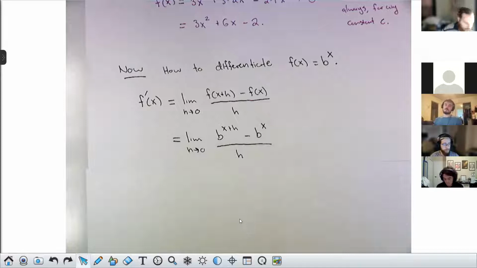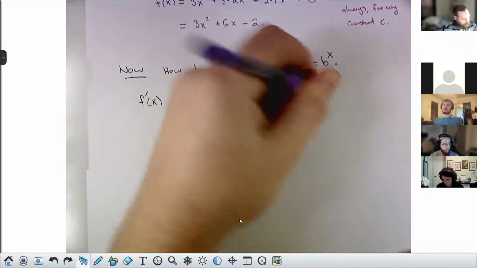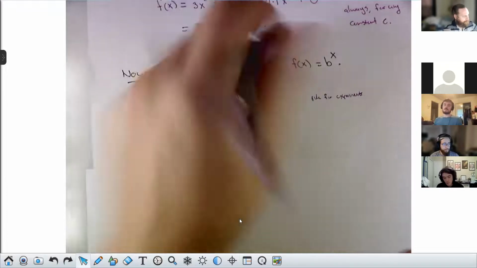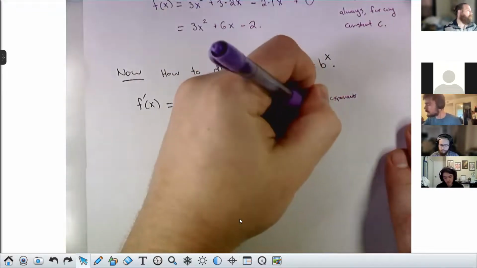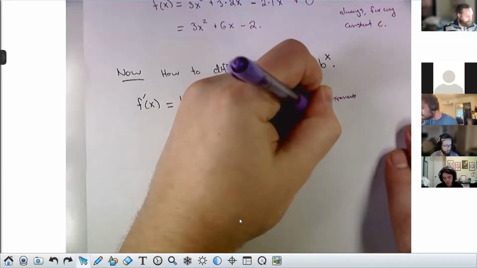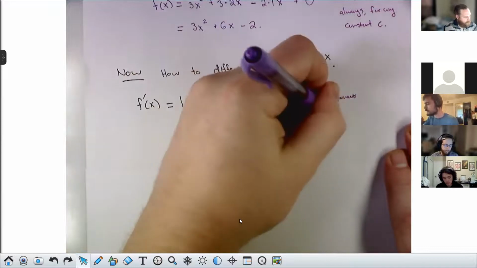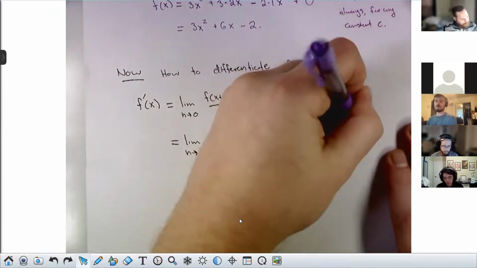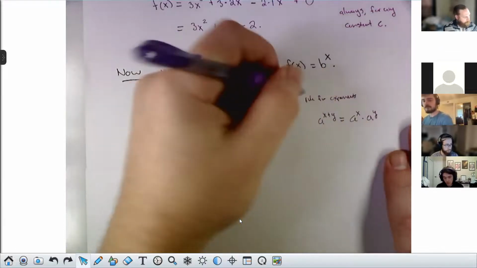There is an algebra rule for exponents that says if you take a number a and you raise it to a sum of 2 powers, that's the same as a to the first power times a to the second power.